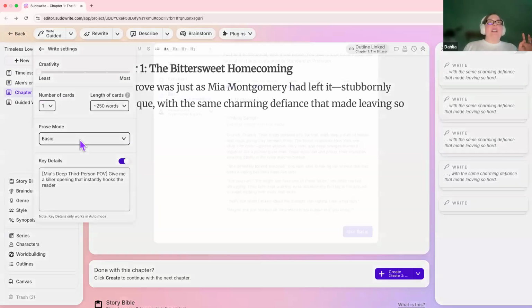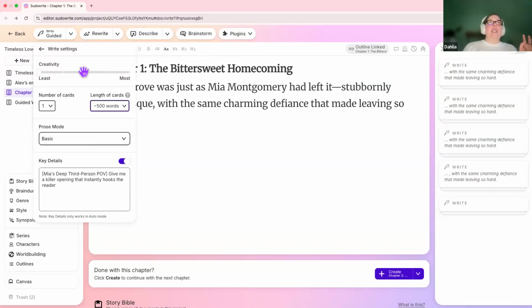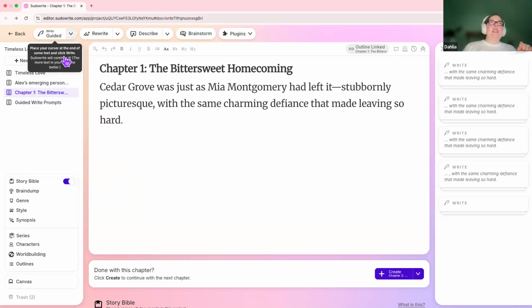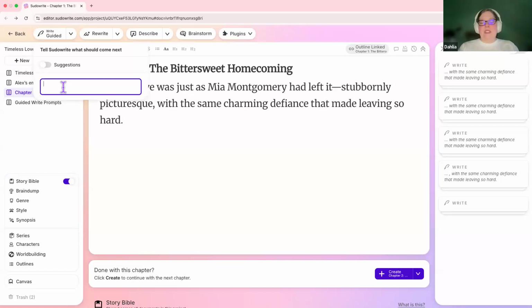But I like to stick with basic and give it plenty and a bit of creativity. And then I ask something like, give me 5 suggestions how this scene could continue.